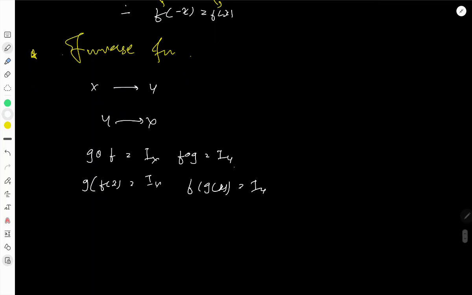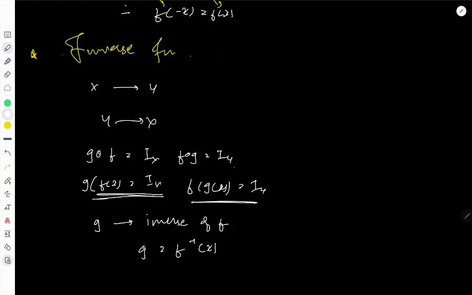We denote that g is the inverse of f, and we write it as g equals f inverse of x.